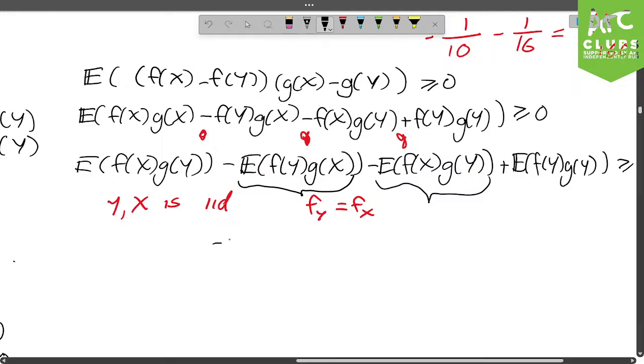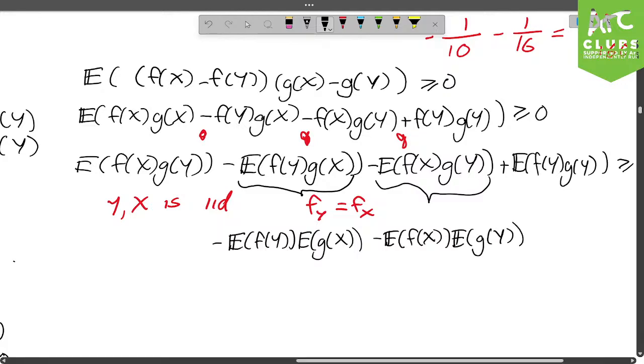All this means is that if f of y and g of x are independent, I can write this as E of f of y multiplied by E of g of x. And similarly, I can write this as minus expectation value f of x, expectation value g of y.